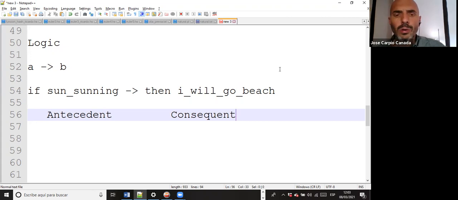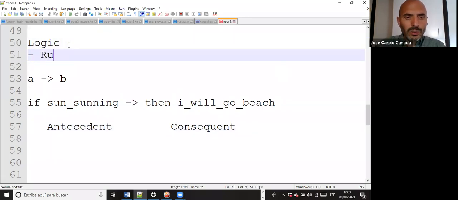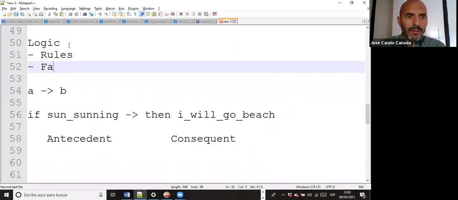We are going to use rules in every program, so it is very important to remember. Probably you have some previous knowledge about that. It's very important that you remember the concept of rules and facts. In logic we have rules and facts, or simple things that happen and that are true or false.